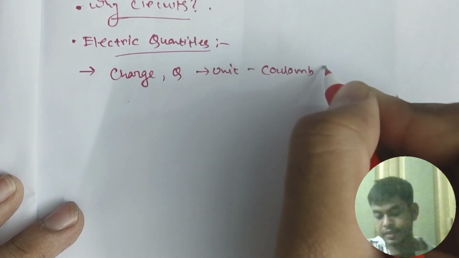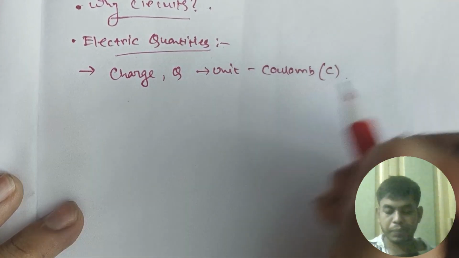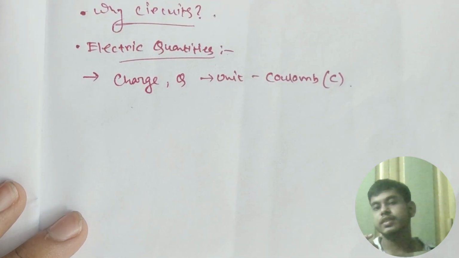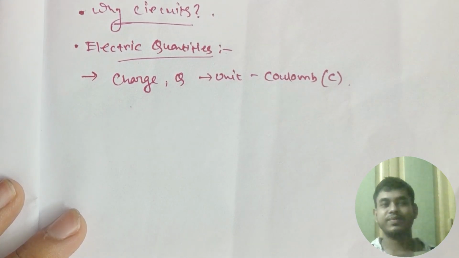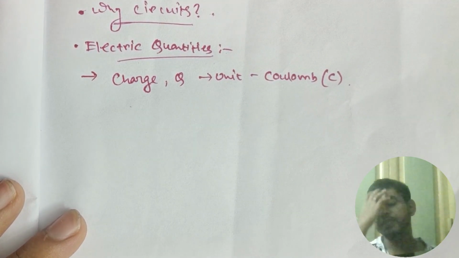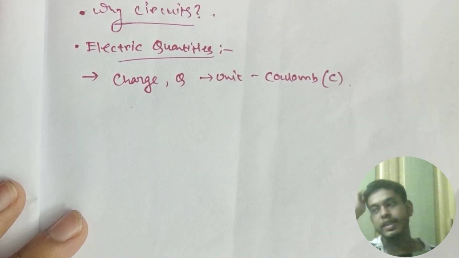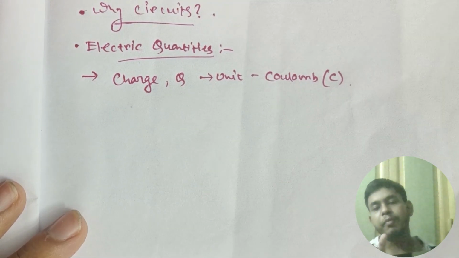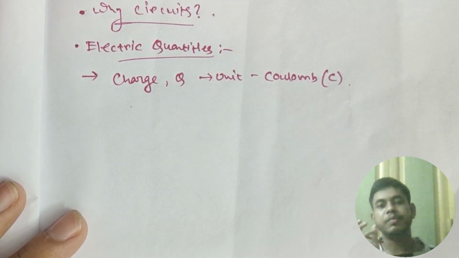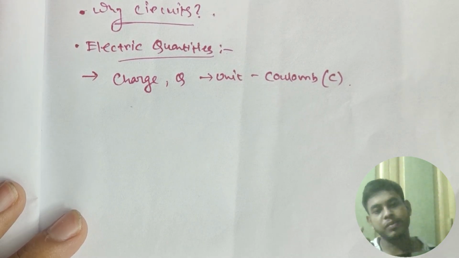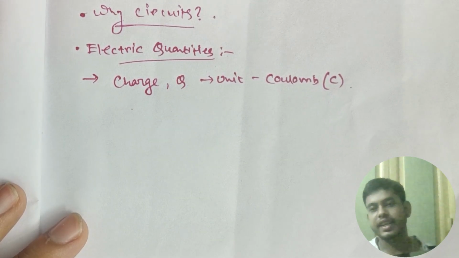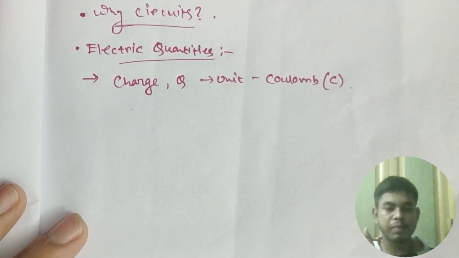Done in physics. So, what is charge? We really don't know how to explain charge. Yes, they have made a point for some particles, subatomic particles, like protons are positive charge, electrons are negative charge, neutrons are neutral particles.